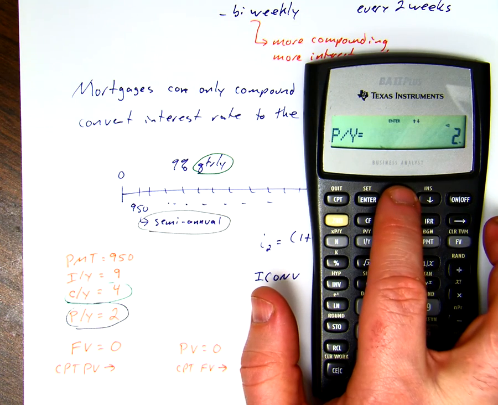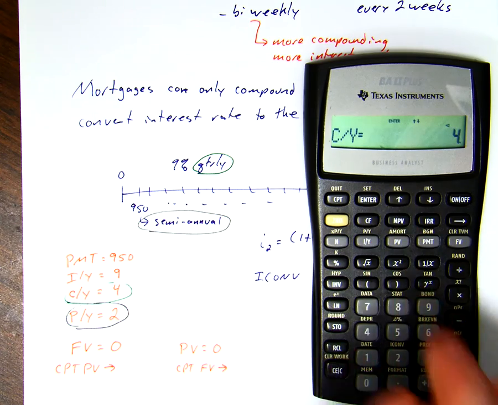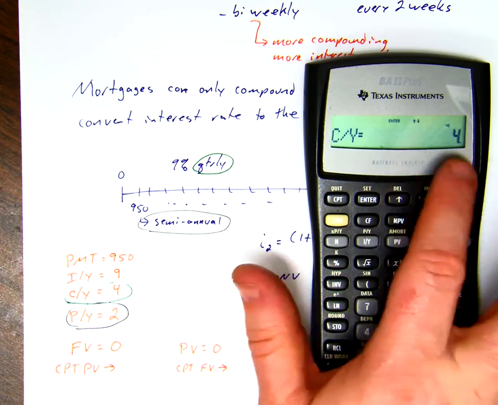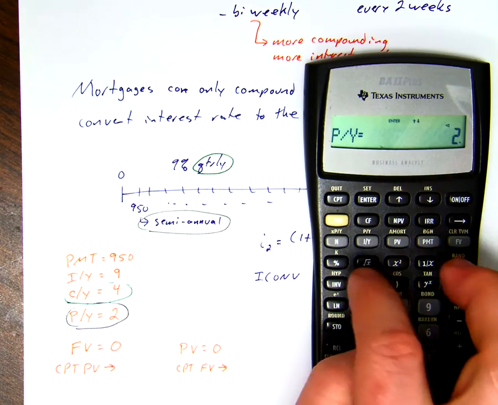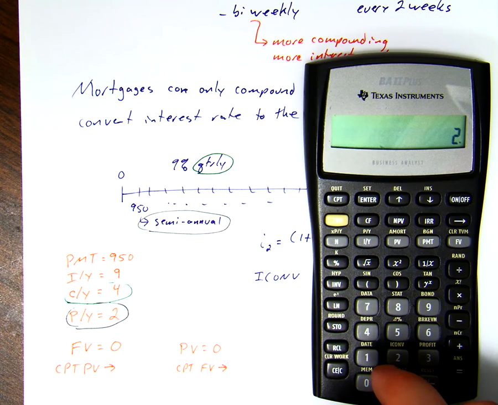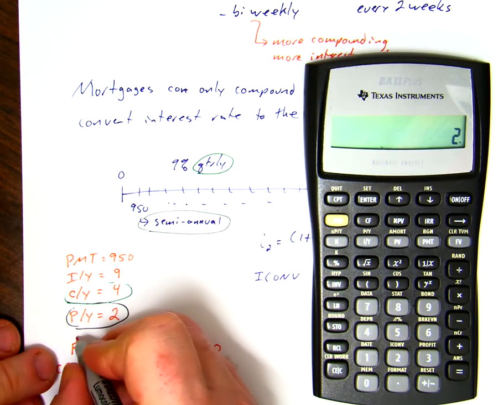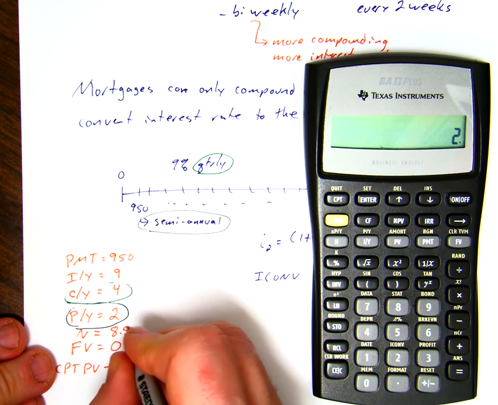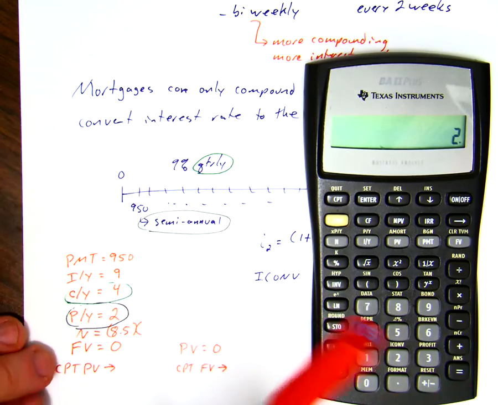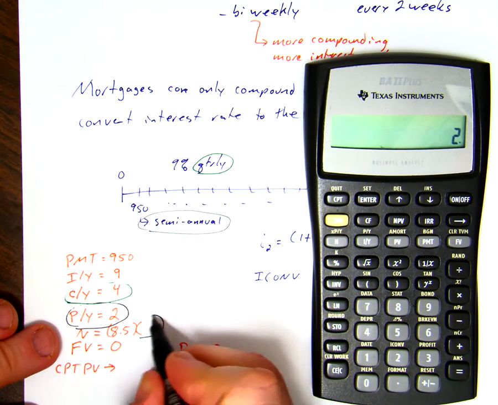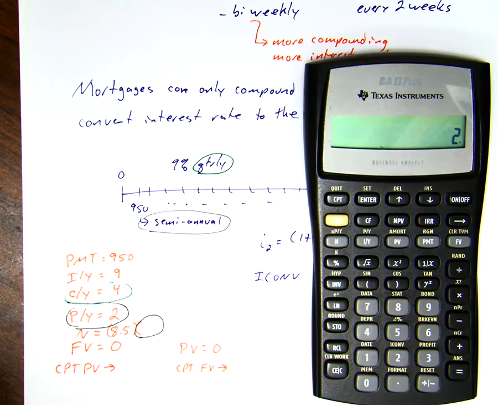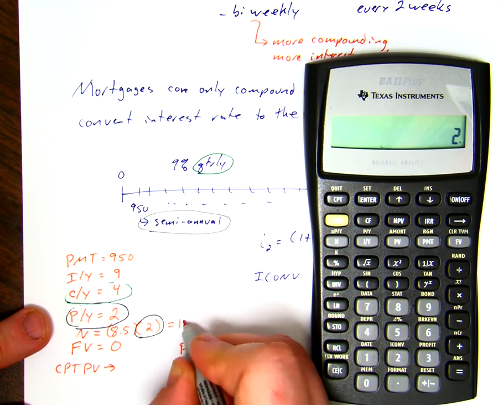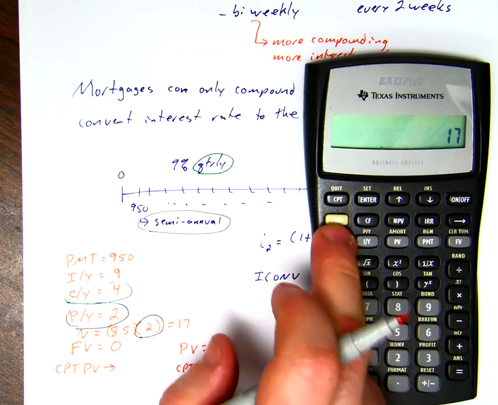So payments per year is 2 and compoundings per year is 4, which is right for our problem. Sorry, we're missing an n. Our n is the number of years, 8.5, times payments per year, because n relates to payments. So 8.5 times 2 is 17. So 17 as an n.